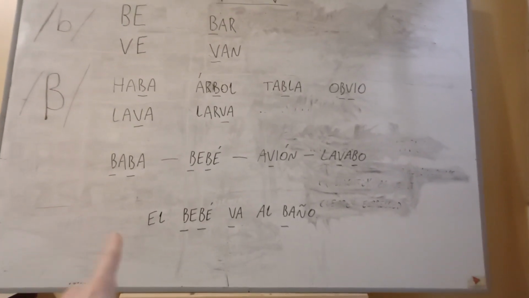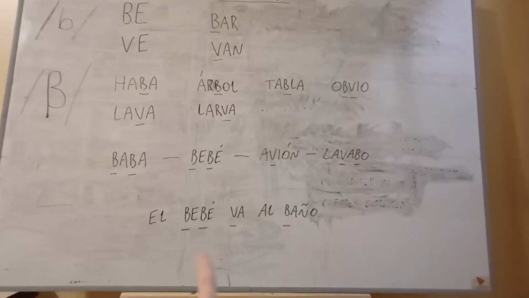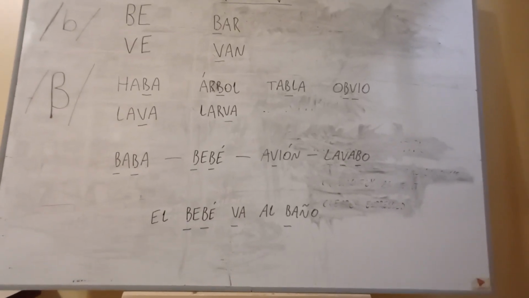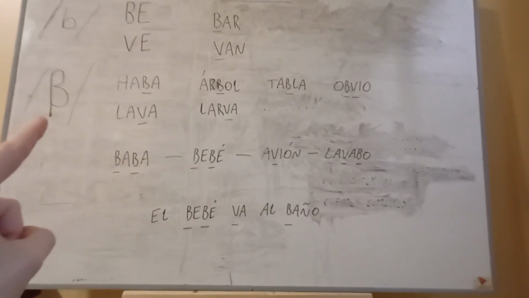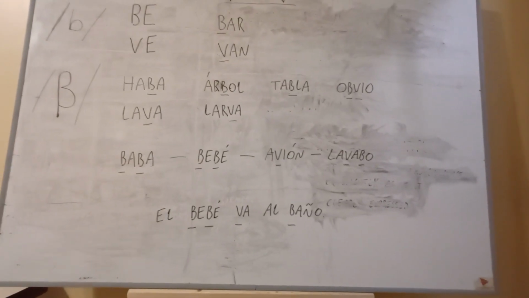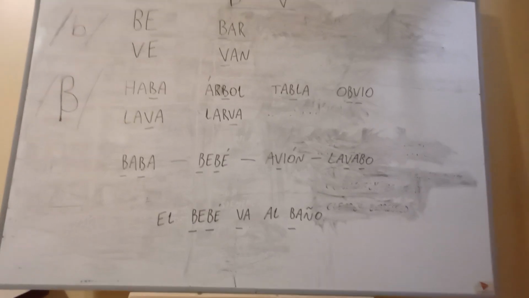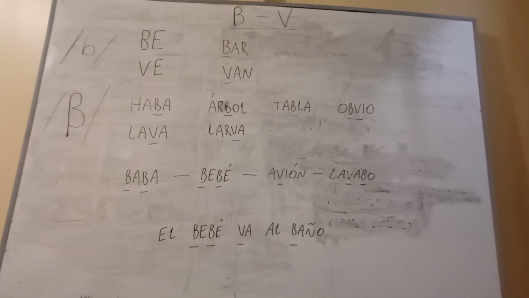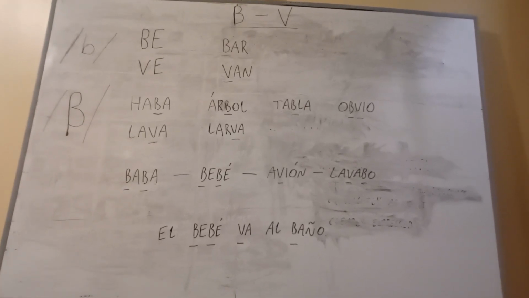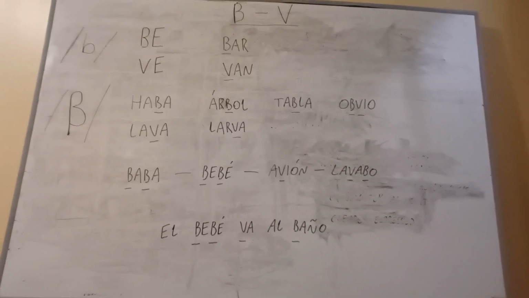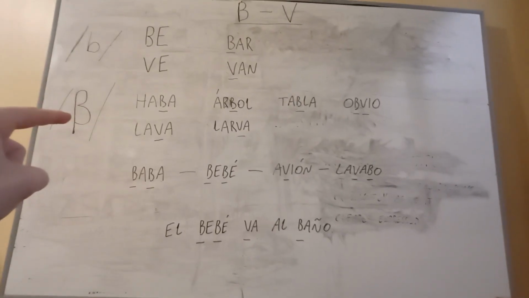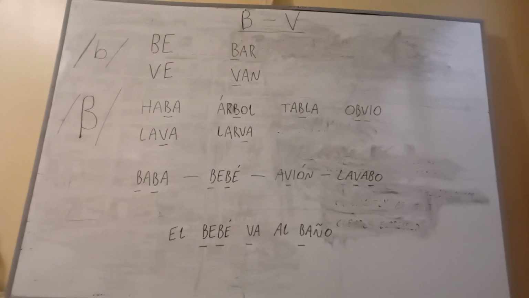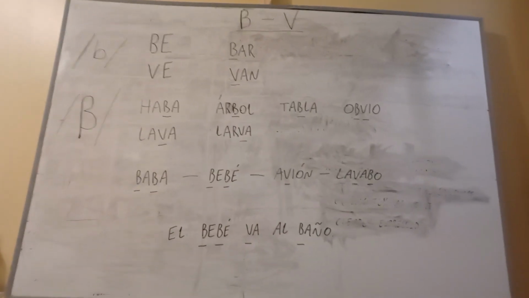So all the B's in this sentence are pronounced like the approximant. El bebé va al baño. And this is why I told you that the approximant sound happens more frequently than the bilabial sound.